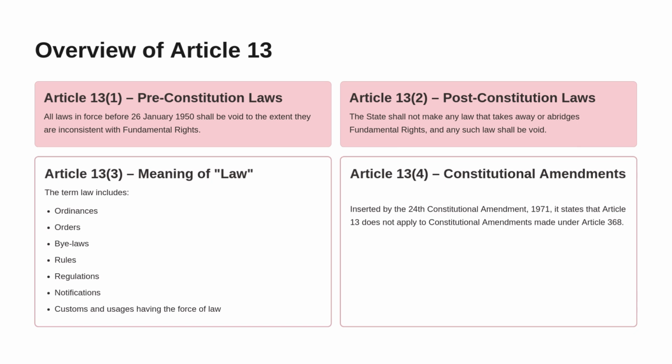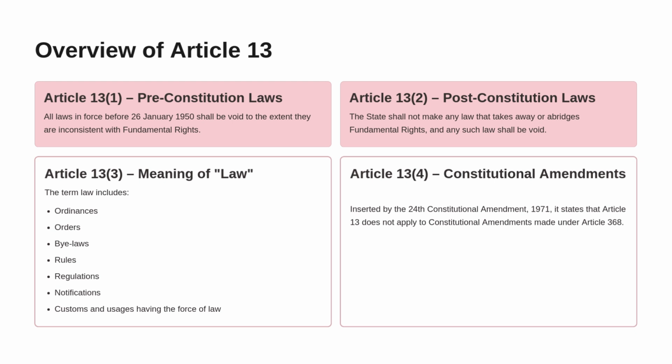So, if any law is made after the enactment of the Constitution and it is found that it is inconsistent with any of the provisions of the Indian Constitution, then that law is void from the very beginning.